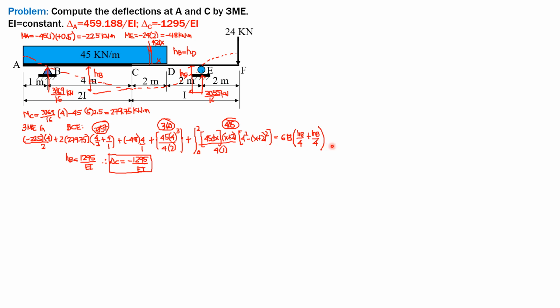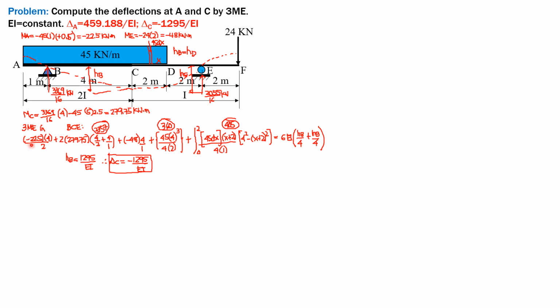So I use HB here. Computing, the value of the integral is 405. This part is 360. Then this term is 3357.